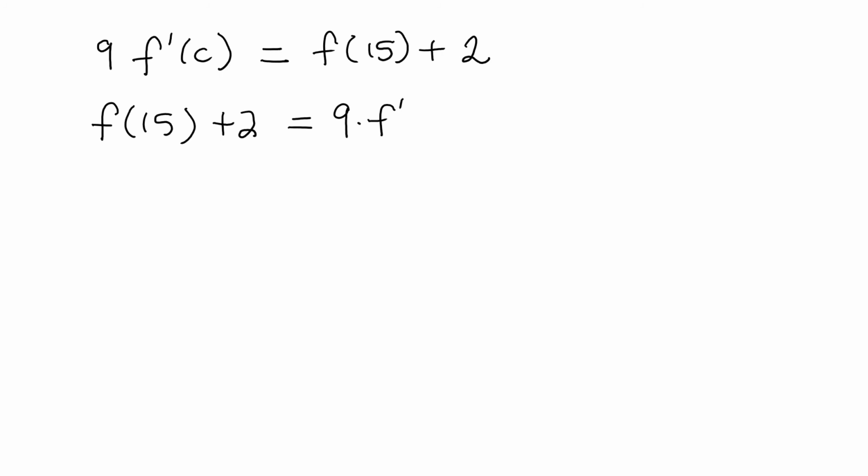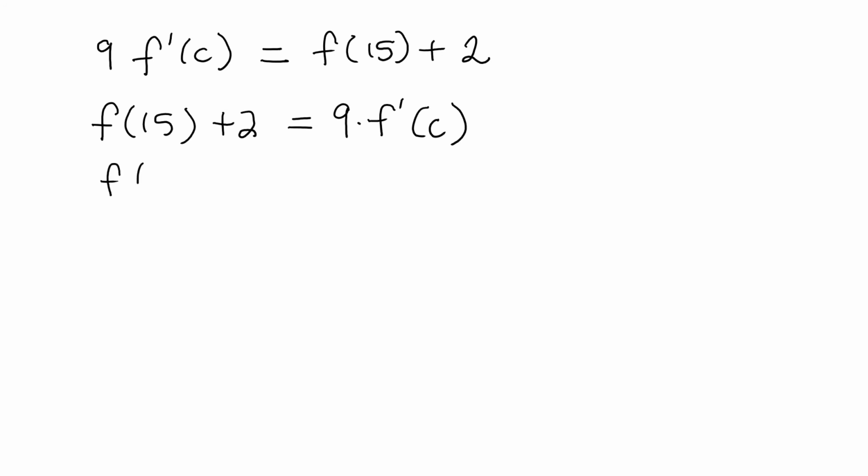9 times the derivative evaluated at c. Now in the statement of the problem, we are given that the derivative is equal to or less than 10. Any derivative, not any specific value, but any derivative.